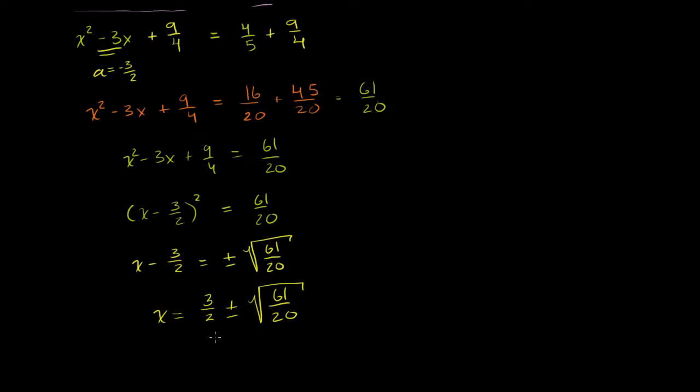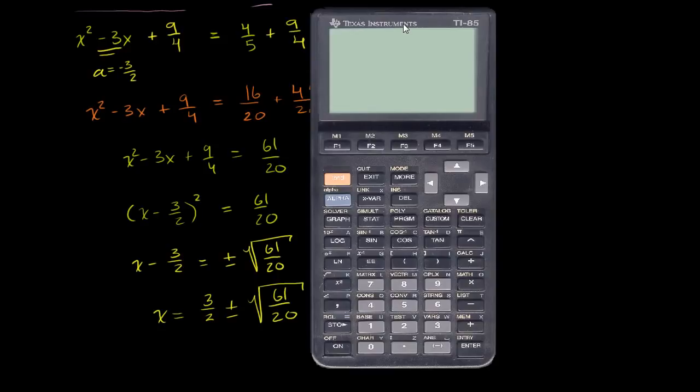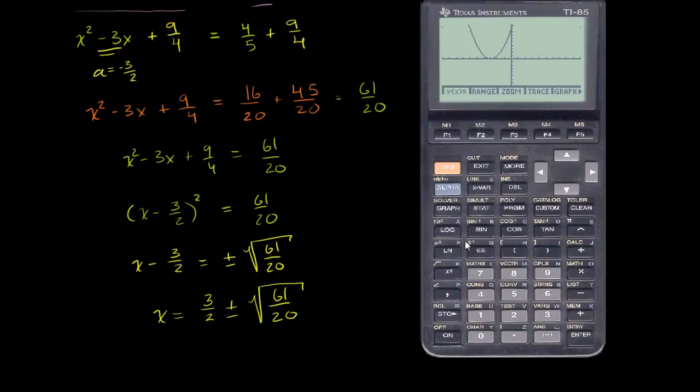And if you want their actual values, you can get your calculator out. Let me clear all of this. Let me exit from here. Maybe I'll clear there. And 3 halves, let's do the plus version first. So we want to do 3 divided by 2 plus the square root. We want to pick that little yellow square root.